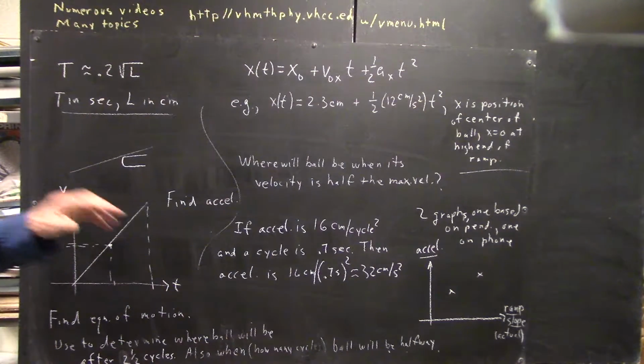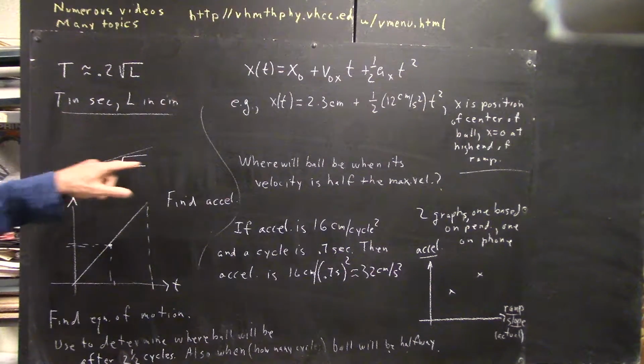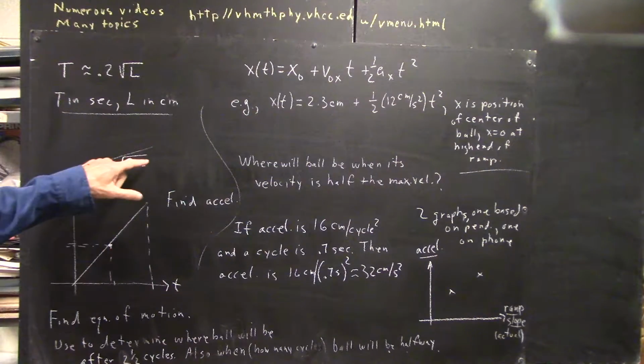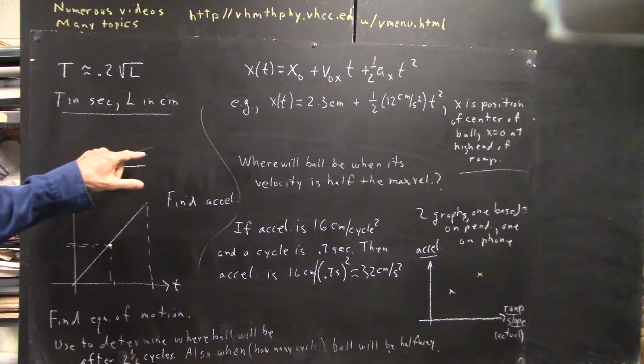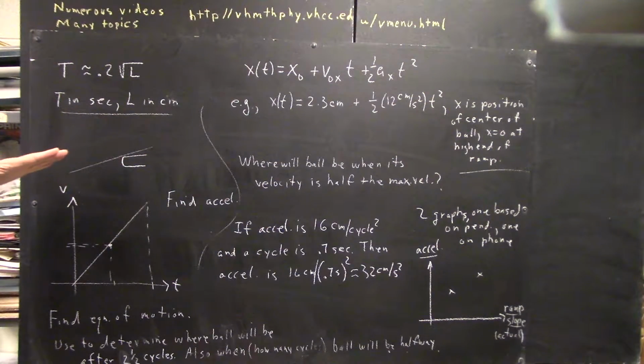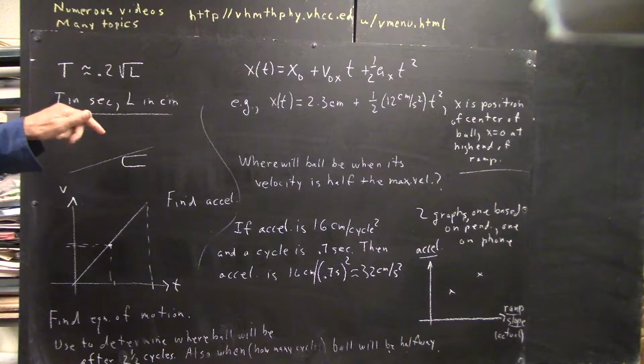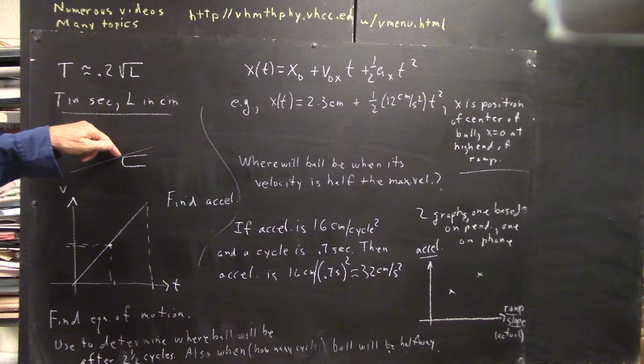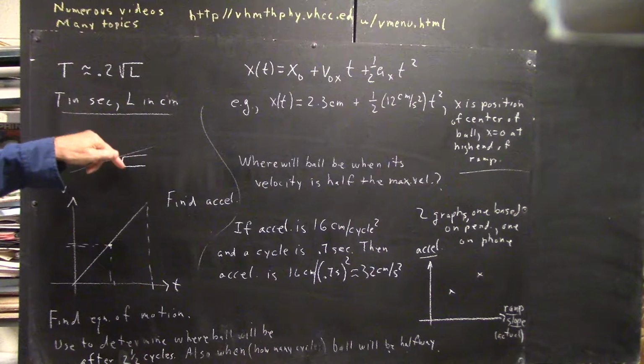Now before I get into that, one thing I did mention, and it goes with this little picture here: the edge of the domino is slightly rounded, so the ramp as it rests on the domino is not going to rest quite as high as it would if the domino had a sharp edge.